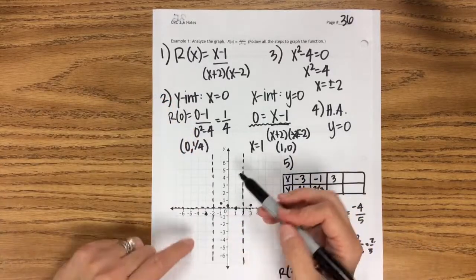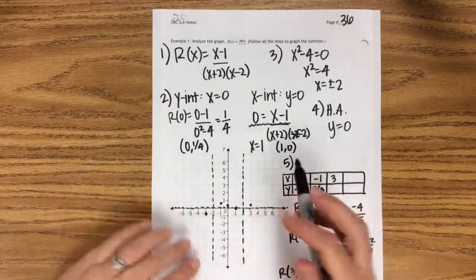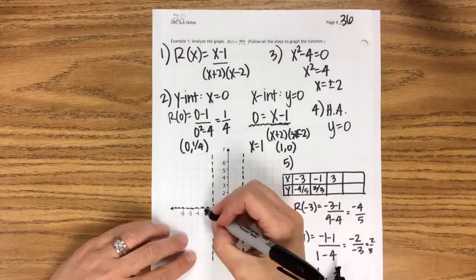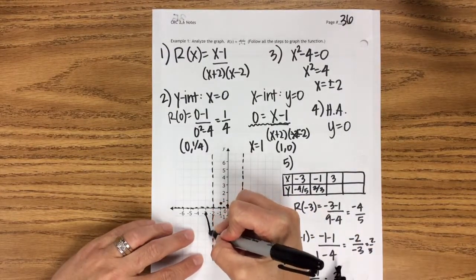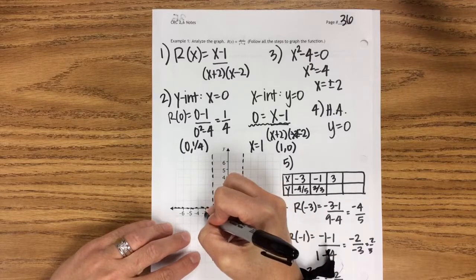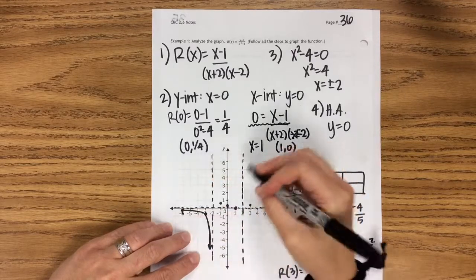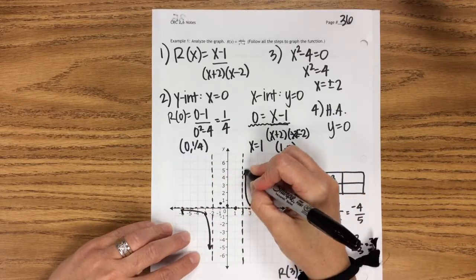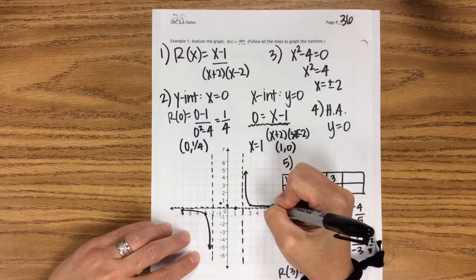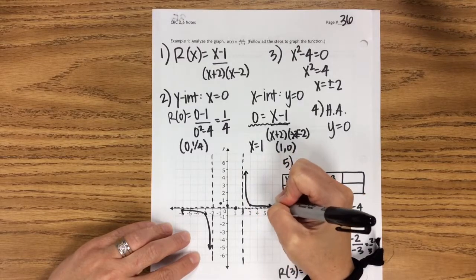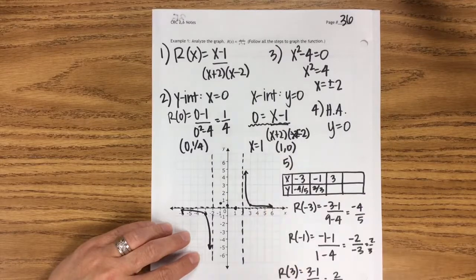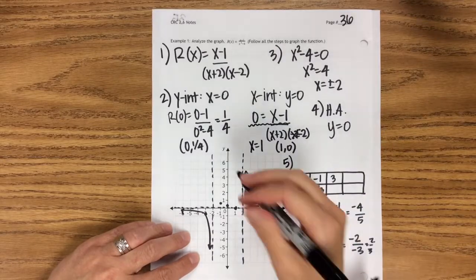So the dotted lines are supposed to really structure your graph. You cannot cross a dotted line. So like here, my graph is going to snuggle up to the dotted lines on each side, and same thing over here. If you're unsure about those shapes, you can just plug in more x values and try to get more ordered pairs to have more accuracy.